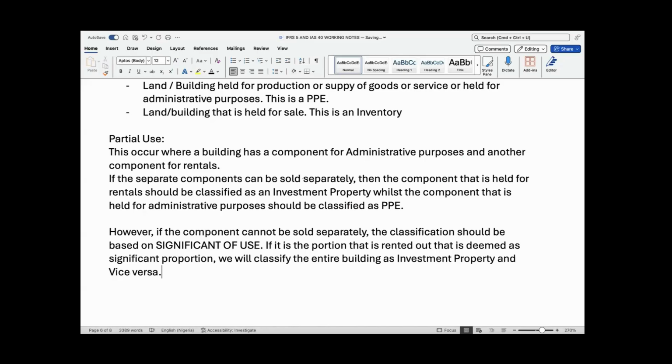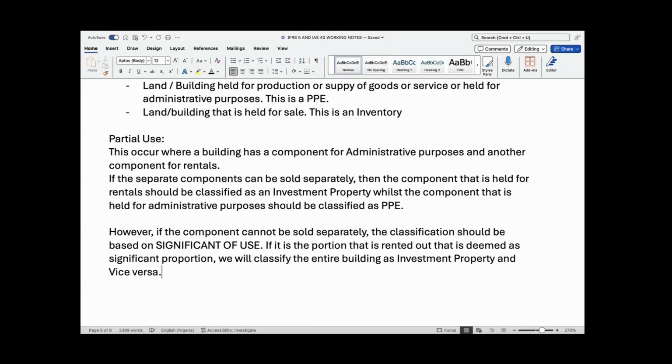Meaning, if it is the portion that you're using for your office or admin that is deemed a significant proportion, we are going to classify the entire building as PP.